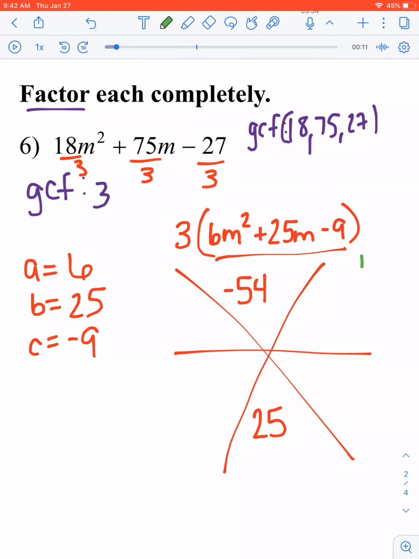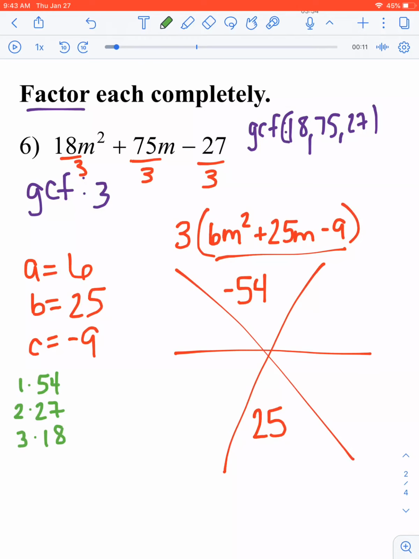Now I'm going to find all the multiples of 54. So where should I write this? Let me find some room here. And I'll write it over here. 1 times 54, 2 times 27, 3 times 18. 4 I don't think works, but you know what?